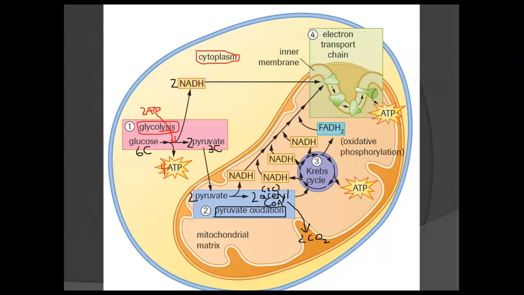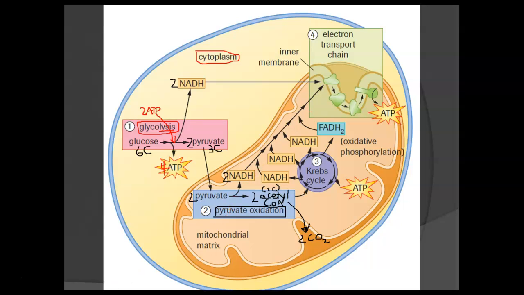And each time we reduce the number of carbons, we create carbon dioxide, which gets sent off as waste later on. Also in this process, we create 2 NADH, just like we did up here in glycolysis. And you can see by the arrows here that the 2 NADH end up getting sent off to the electron transport chain in stage 4.